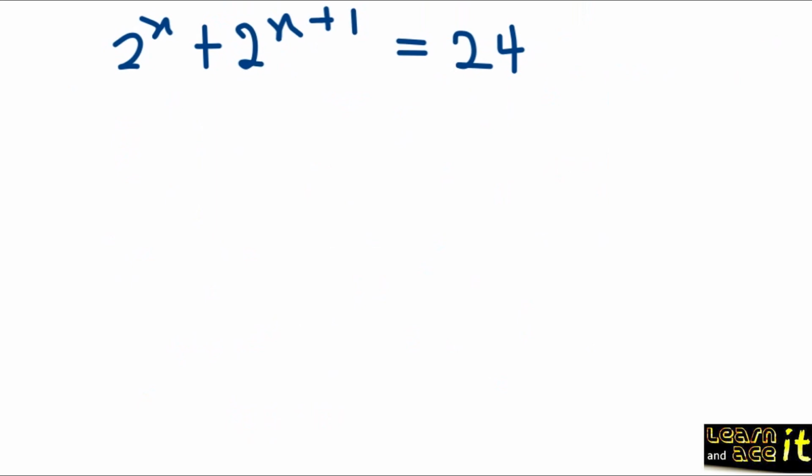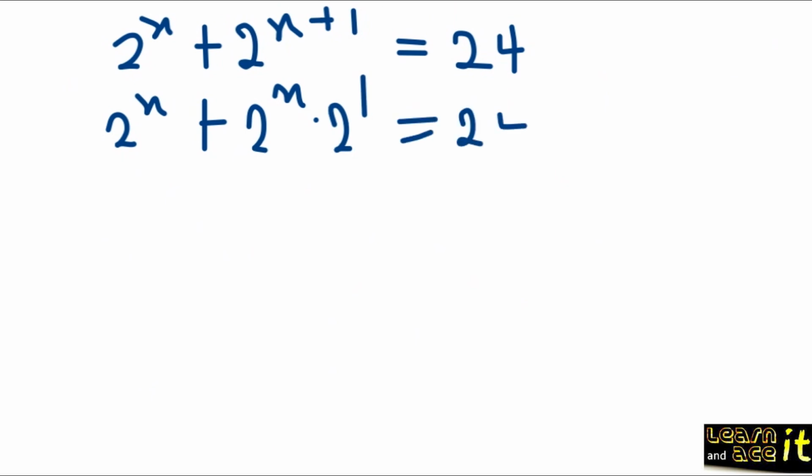But unfortunately, 24 cannot be written as an exponent of 2, so therefore the only way of simplifying this expression will be to take out the highest common factor on the left hand side. So that will be 2 to the power of x plus 2 to the power of x multiplied by 2 to the power of 1 equal to 24.